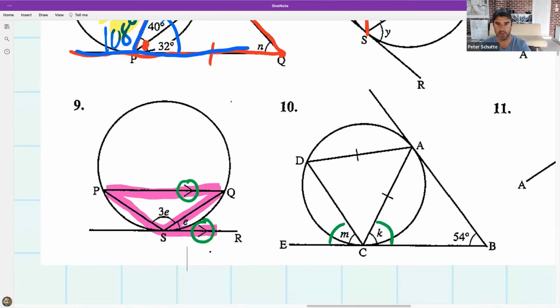And then do the same thing to the other one. Draw in the shapes you notice. What have you got? Let that help you.